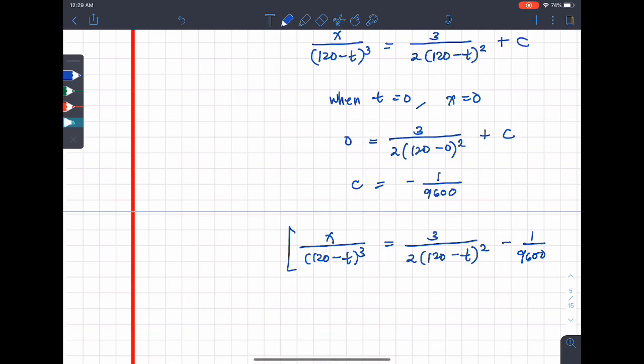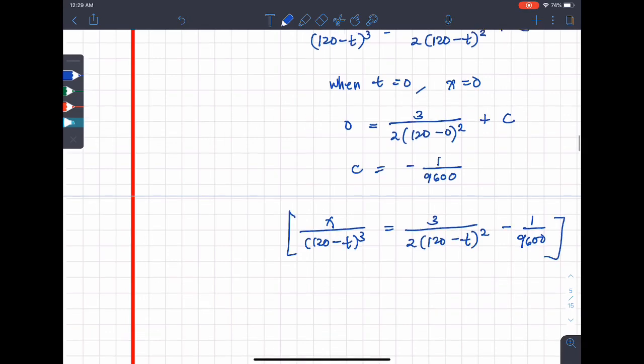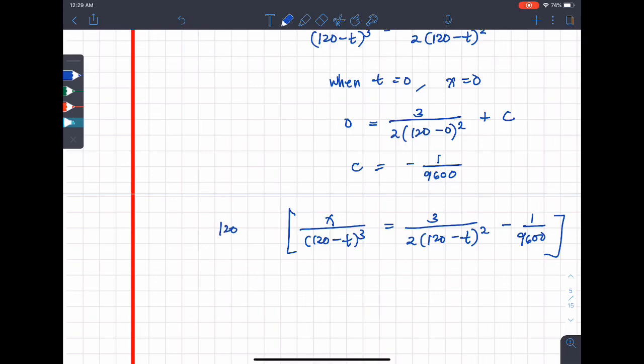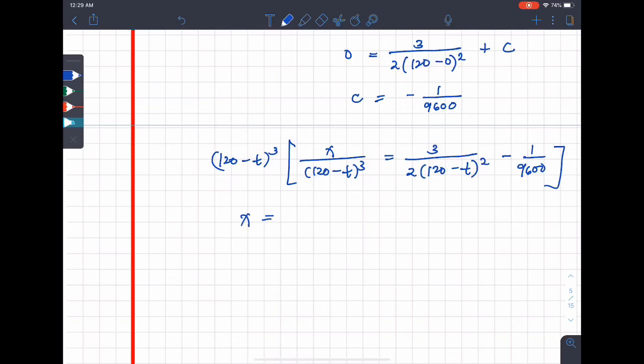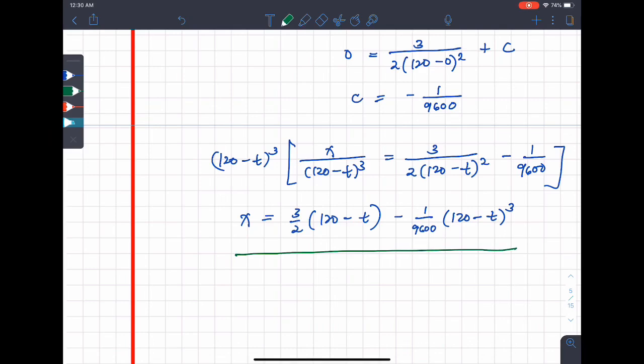Multiplying everything by (120 minus t) raised to 3, giving us x equal to 3 over 2 multiplied by (120 minus t), minus 1 over 9,600 multiplied by (120 minus t) raised to 3. And this would be our general working equation for the amount of the substance at any instant of time t.